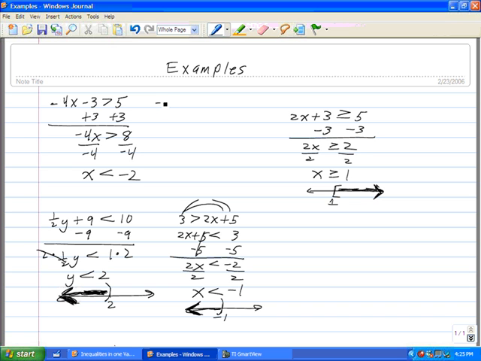If I had negative 3/5 x plus 8 being less than or equal to 10, I would first subtract off the 8, and you get negative 3/5 x being less than or equal to 2. This time I'm going to multiply. I will multiply by negative 5/3.